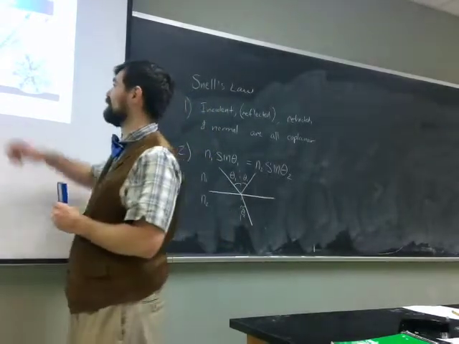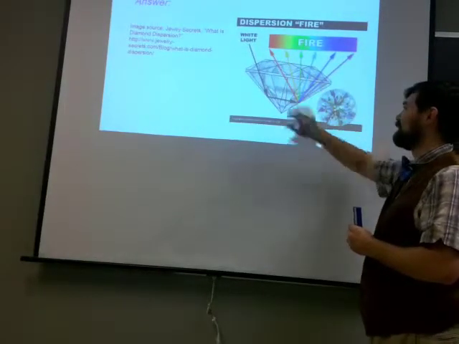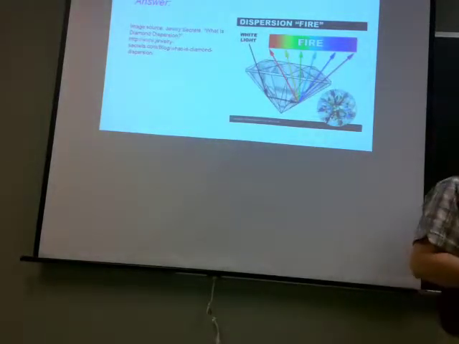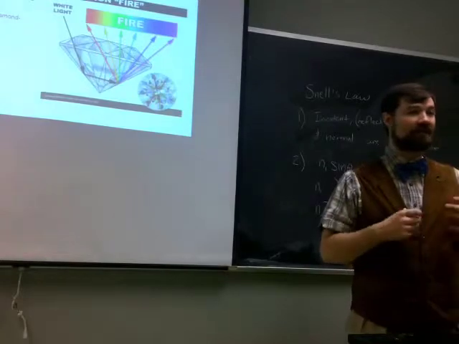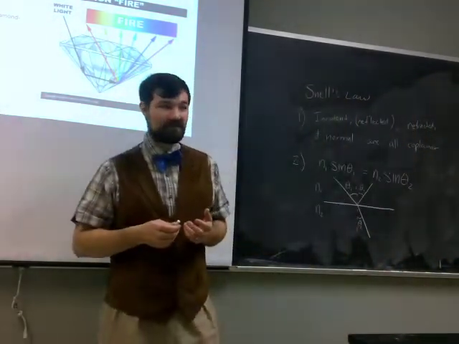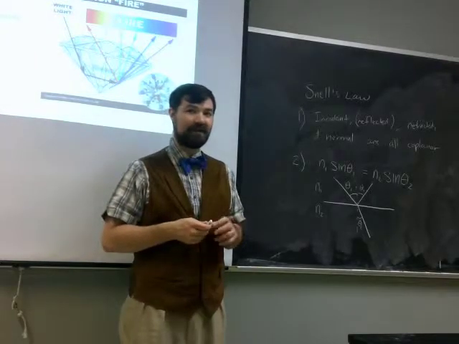For example, this right here shows sort of a cartoon of a diamond and what happens in diamond. It turns out that the refractive index is not the same for all wavelengths of light.